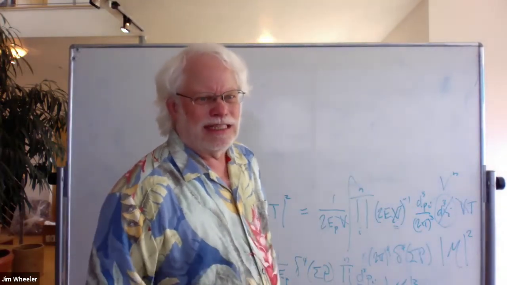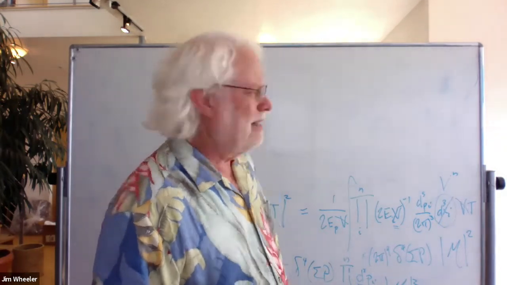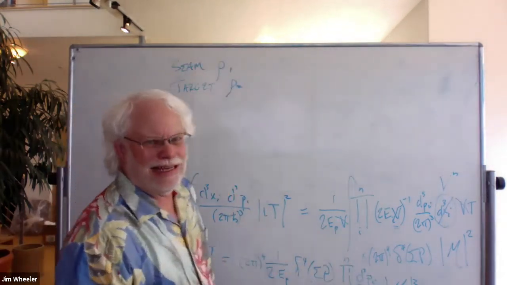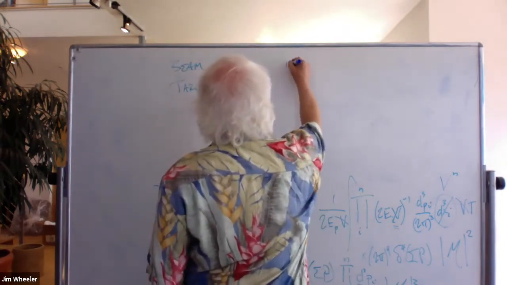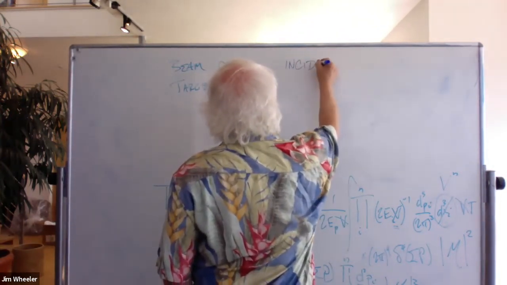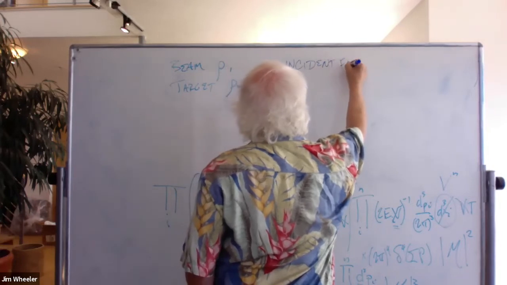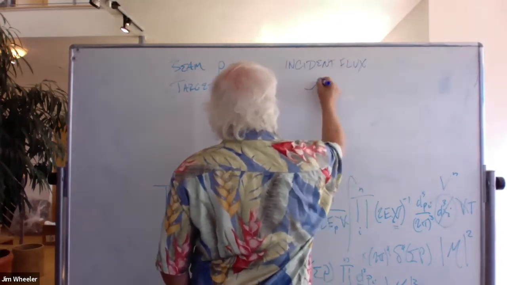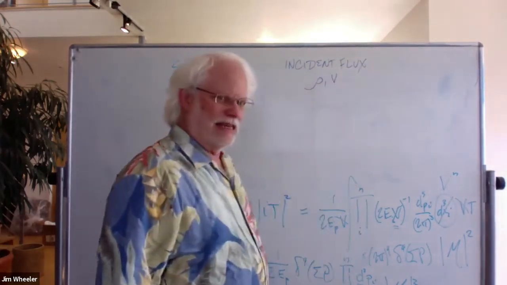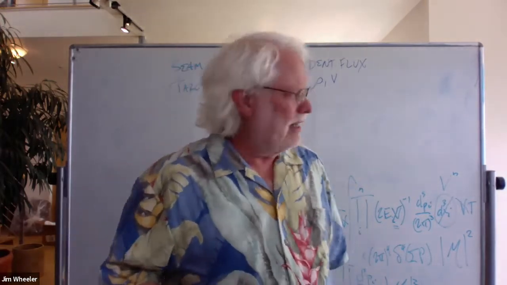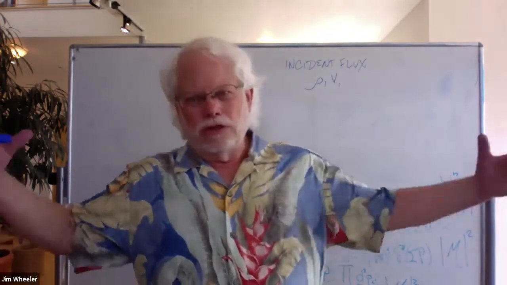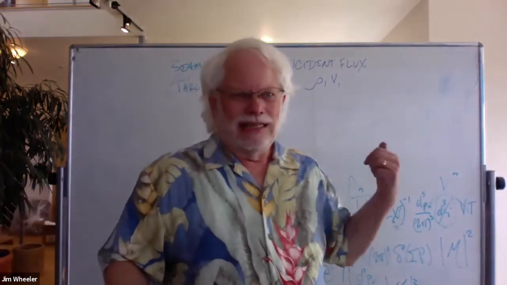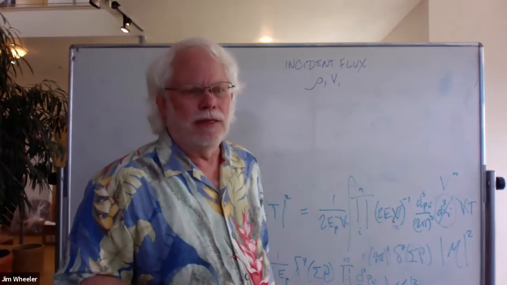Then what we can say is there's an incoming flux, the incident flux, which is going to be rho 1 times the velocity of the incoming beam. Remember that we're in the rest frame of the target particle. So the only relative velocity is that velocity of the incoming beam.